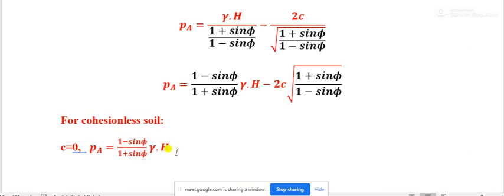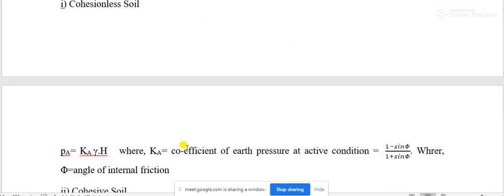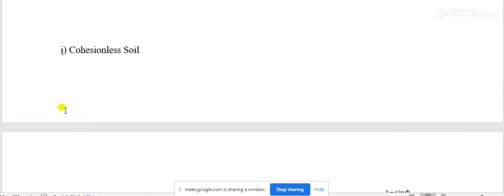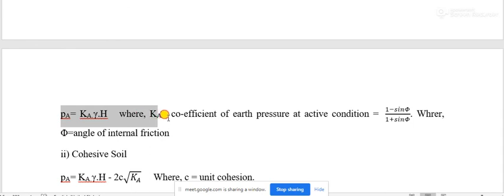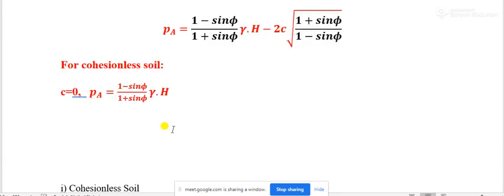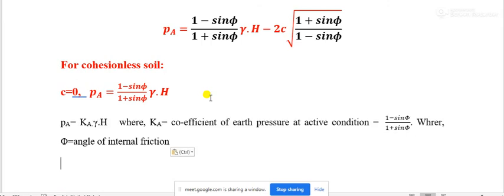Okay, now actually this is the equation for lateral active earth pressure, that is P equals to Ka gamma H. Now this Ka is the coefficient of earth pressure at active condition, and the equation for this Ka is equals to 1 minus sin phi divided by 1 plus sin phi, where phi is the angle of internal friction.